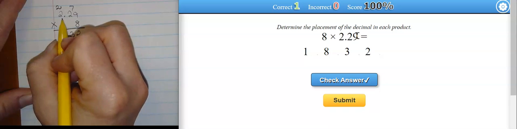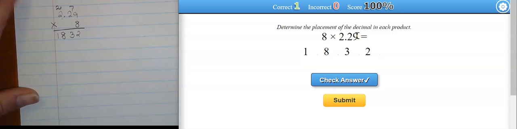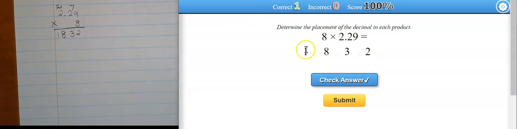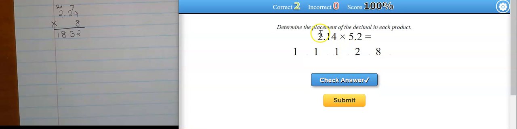And 2 times 8 is 16, plus 2 more is 18. So that is how you would set this up to get 1832. You still need to doink the decimal once, twice, because there are 2 places past the decimal here. Woohoo! Got it right.